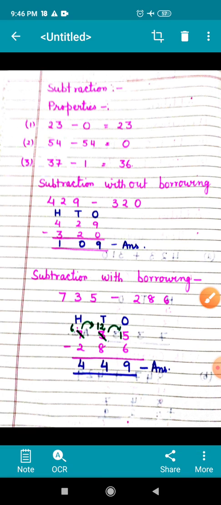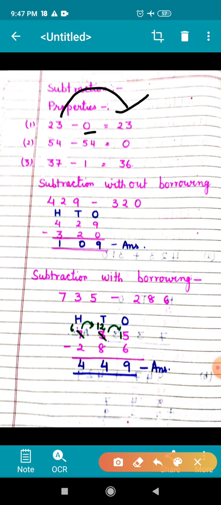Now let us see the properties of subtraction. Children, if you subtract 0 from any number, the answer comes the number itself. 23 minus 0, so the answer comes 23. Okay. Now if you subtract the same number from the given number, here 54 is the given number and you subtract the same number, means you are subtracting 54 from 54, then you will get 0.